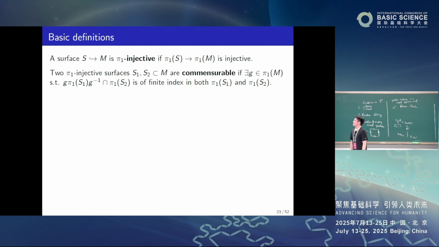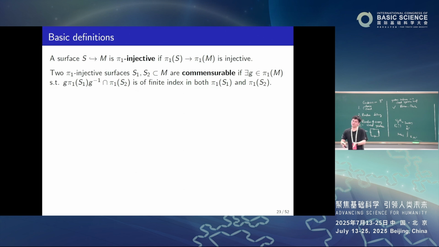And 2 surfaces are commensurable, this notion is that my surfaces agree up to finite cover. So basically, after conjugation, so conjugation is like homotopy, the fundamental groups intersect in a finite index subgroup. Lots of theorems in group theory or topology are stated up to finite cover because you have a group and you have a finite index subgroup.